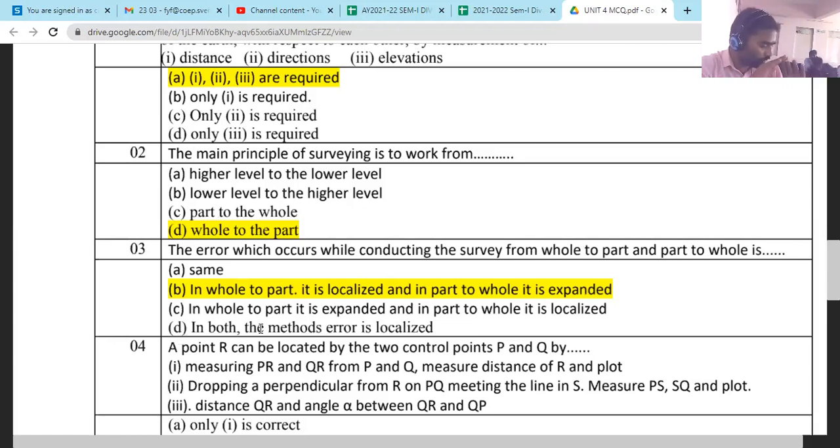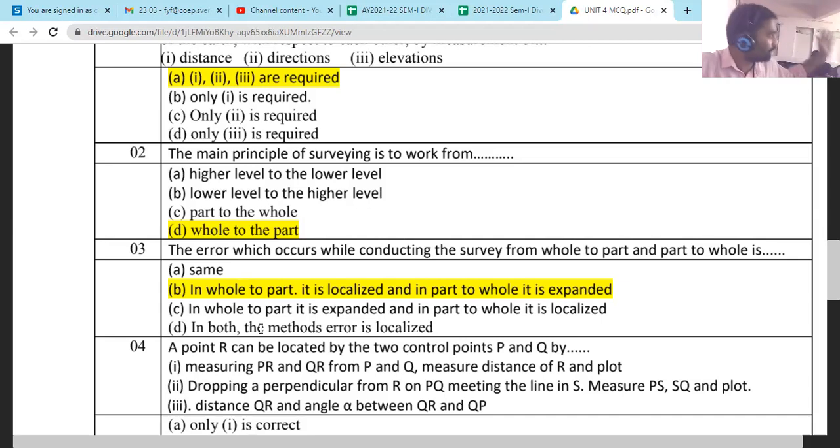In case if you do from the part to a whole, in the small part, if you are having a 1 centimeter error, if you are having 100 blocks, each block having 1 centimeter error, how much is it in 100 blocks? 100 centimeter error will come. So if you do the survey work from part to a whole, there is an expansion of errors. Okay, in order to decrease that one, we should do from whole to a part.